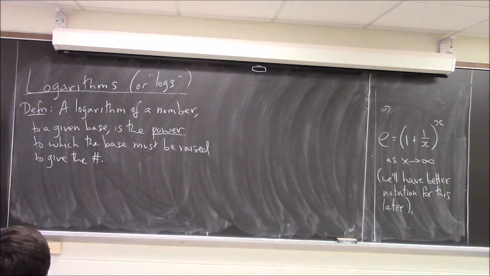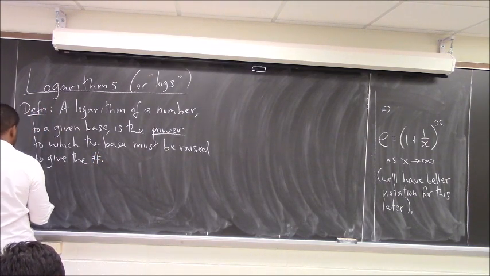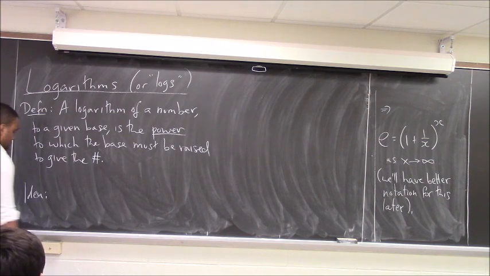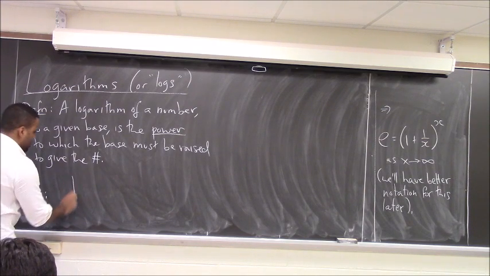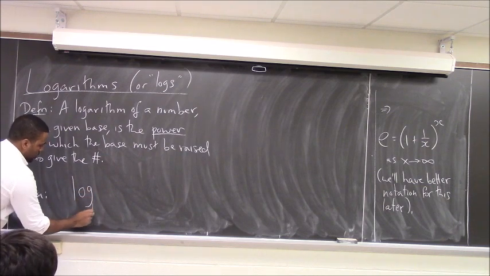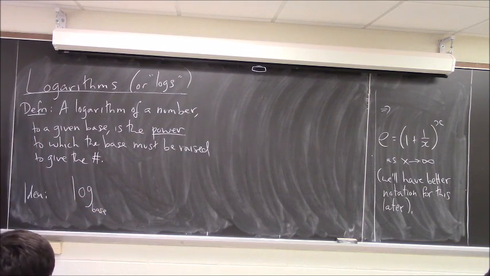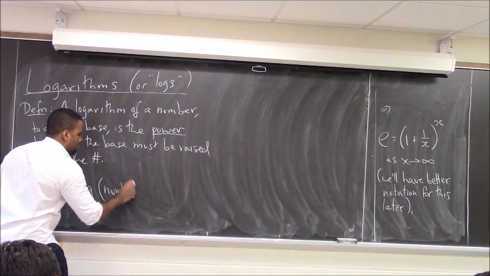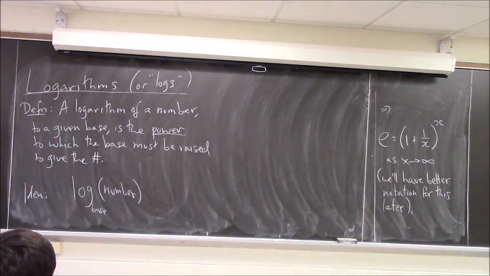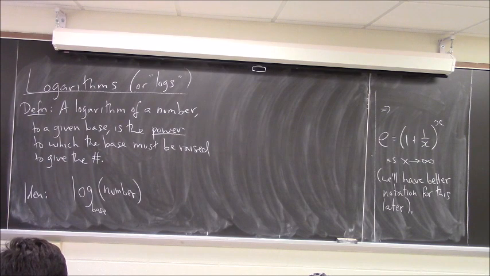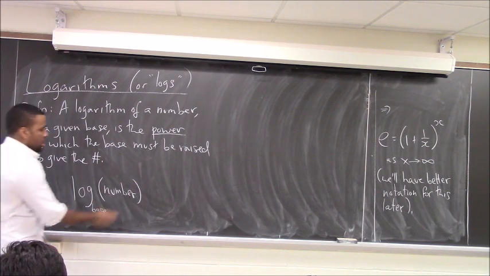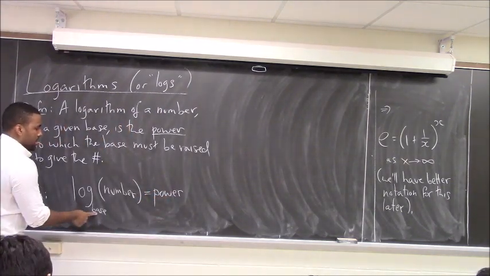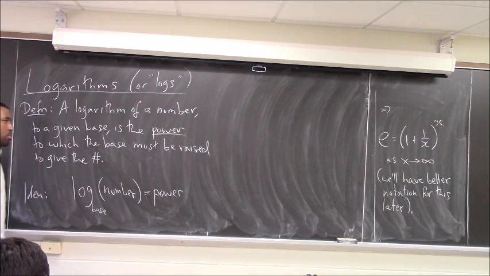So the base must be raised to give the number. So the idea here is the logarithm to a given base. The base would be written down here of a number. So you can think of log as a function, and you're plugging in a number into it, and it will be according to some base. And this outputs the power that you have to take this base to get that number.